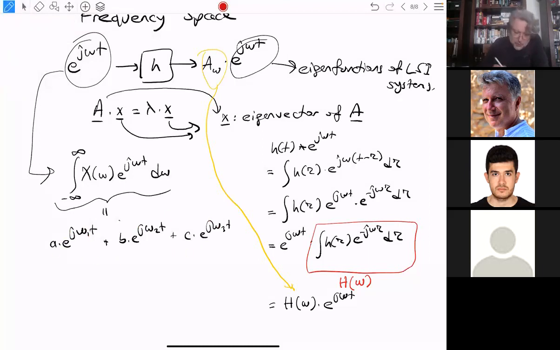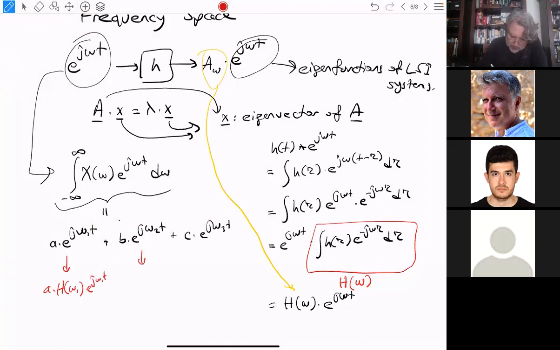Now let's find one by one the outputs of each of these inputs. What is the output to a times e to the j omega 1 t? The output will be a times H of omega 1 times e to the j omega 1 t.